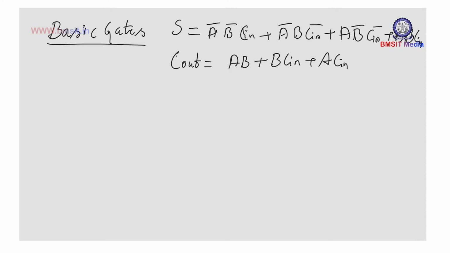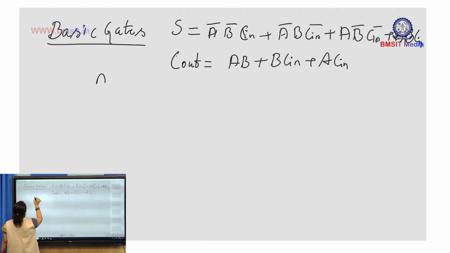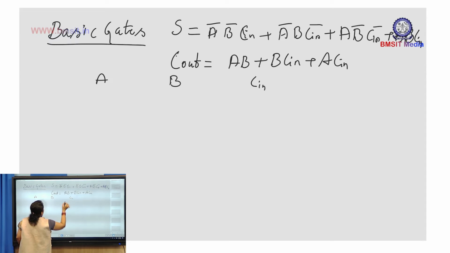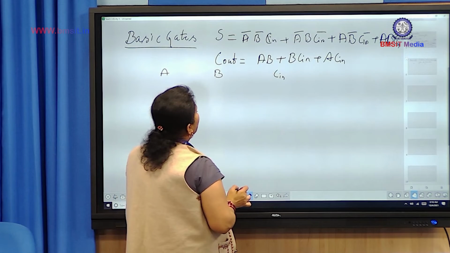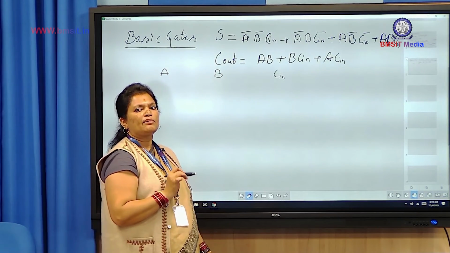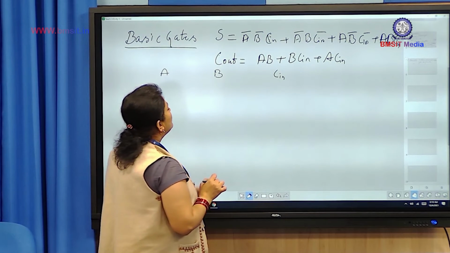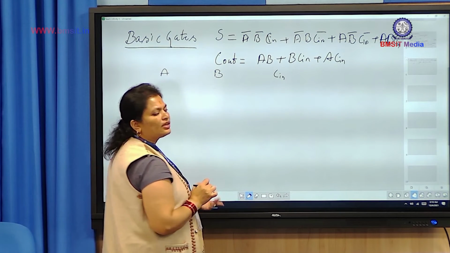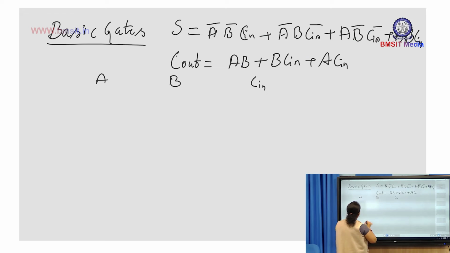Okay. So let us implement this. So we have three inputs. Take the three inputs A, B and C in. Now as you can see in the expression, we have A bar, B bar, C in bar. This A bar, B bar and C in bar is got from A after introducing a NOT gate in between.